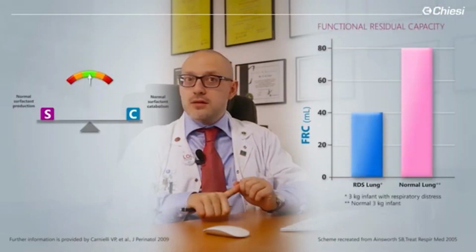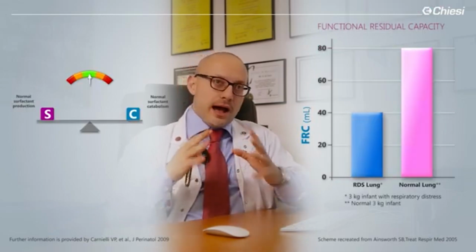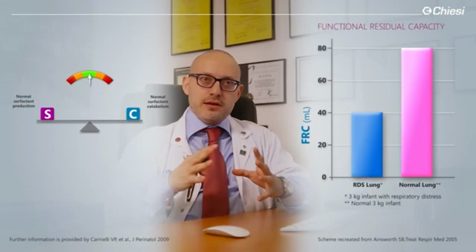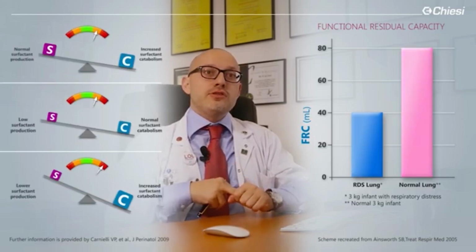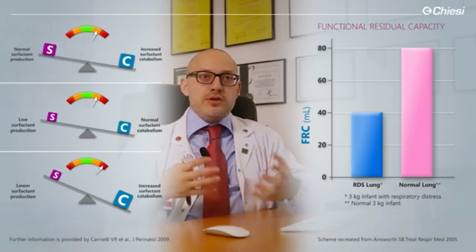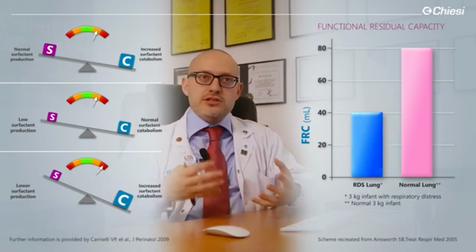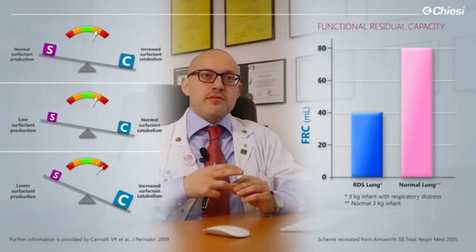Either the balance, so a normal lung with a pretty high functional residual capacity, or a situation, unfortunately, with some sort of surfactant injury conditions when you have a low functional residual capacity.